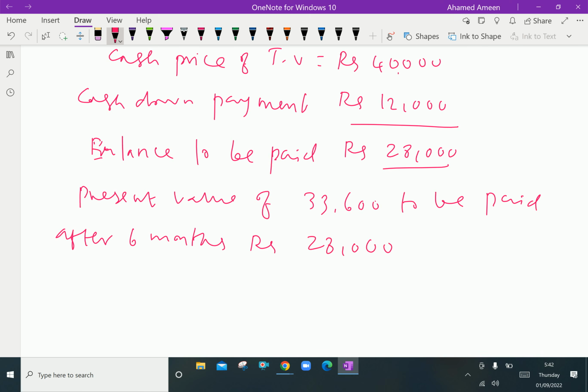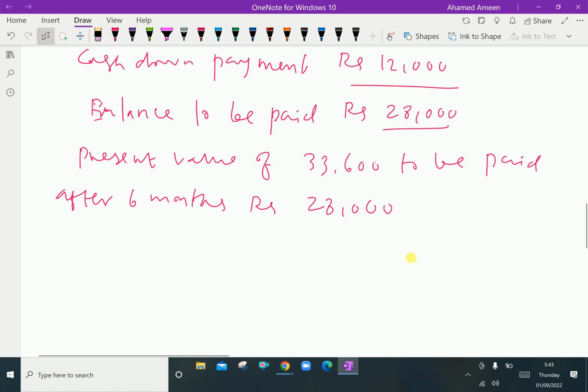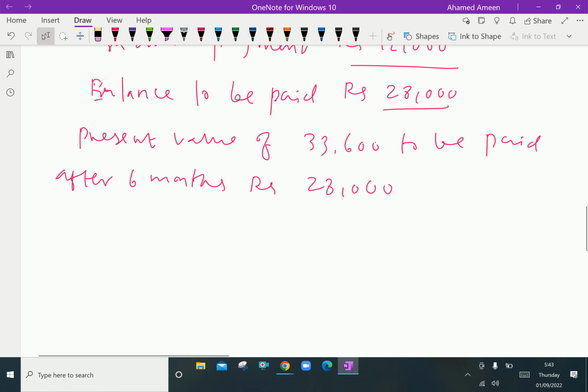Here the original amount to be paid is 28,000, but he has to pay 33,600 including interest. So the present value of 33,600 after 6 months is 28,000. Here let R percent be the rate of interest per annum to be paid by the customer.